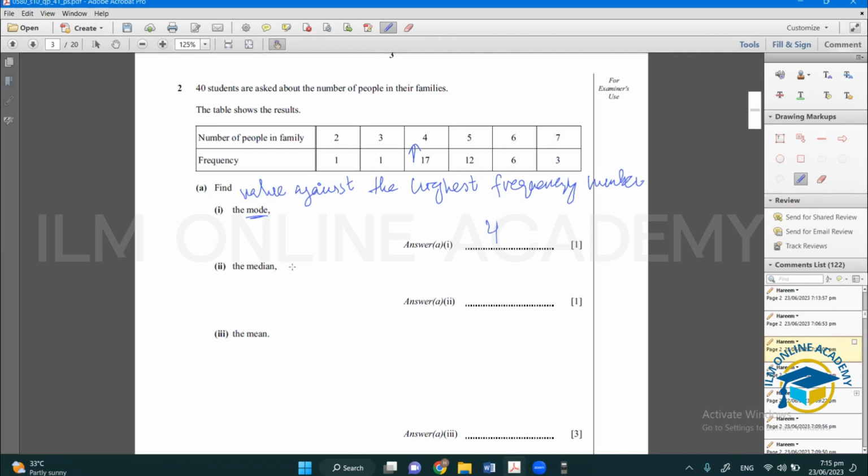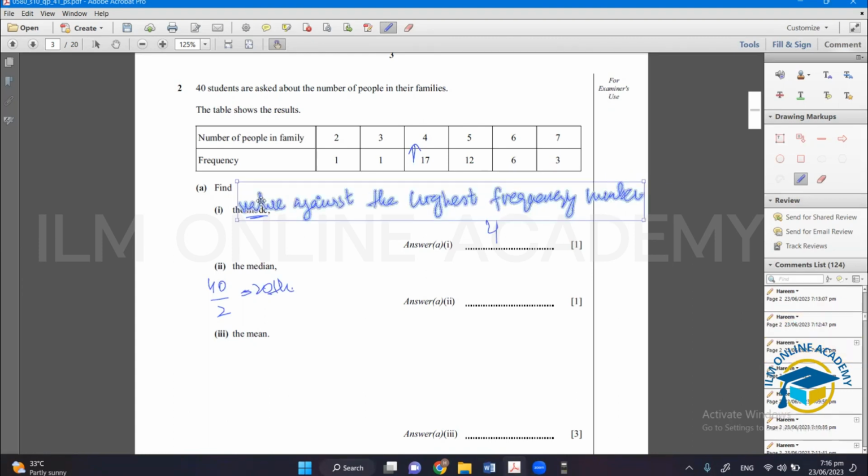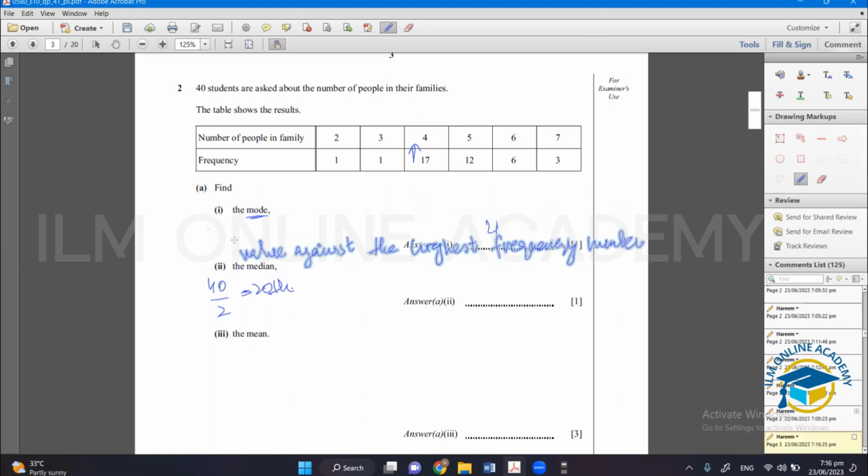Now, the median. For the median, we divide the total number, 40, by 2. So 40 divided by 2, the answer is 20. Now we bring in the concept of cumulative frequency.